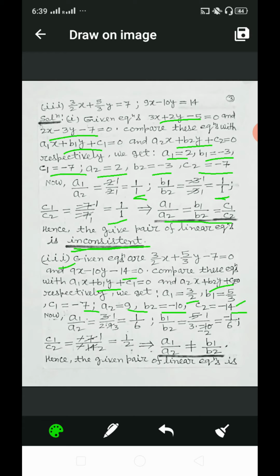Now we find the ratios, that is a1 by a2 we get 1 by 6, b1 by b2 we get minus 1 by 6 and c1 by c2 we get 1 by 2.